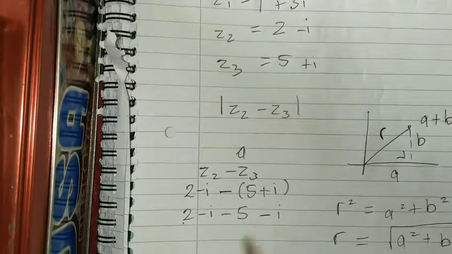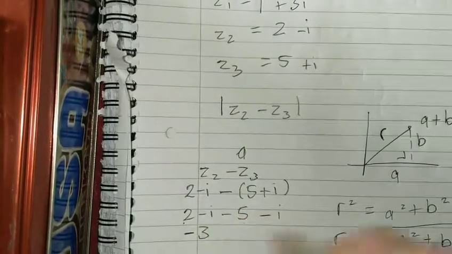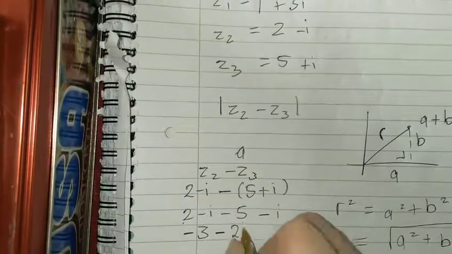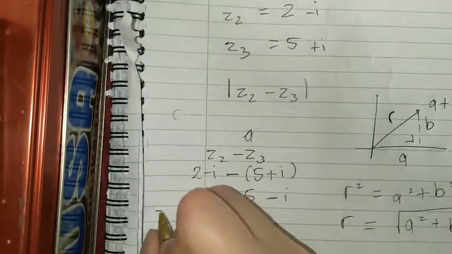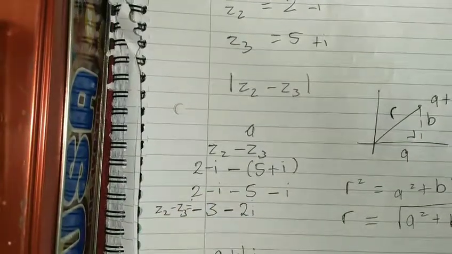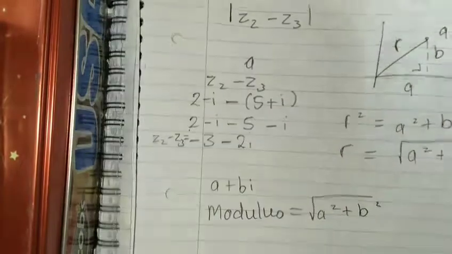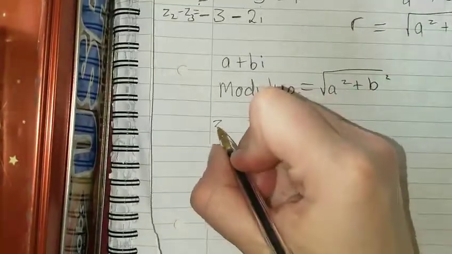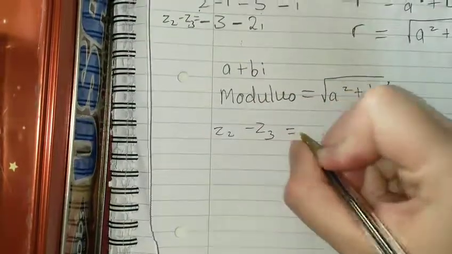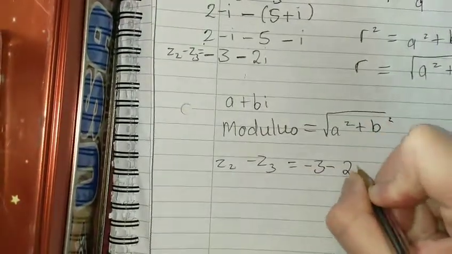So 2 minus 5, so that gives me minus 3, and minus i, so that gives minus 2i. So this here is Z2 minus Z3. But I was asked to get the modulus of that, and I'm just going to bring my page down. So Z2 minus Z3 is what I just got here, so it's minus 3 minus 2i.